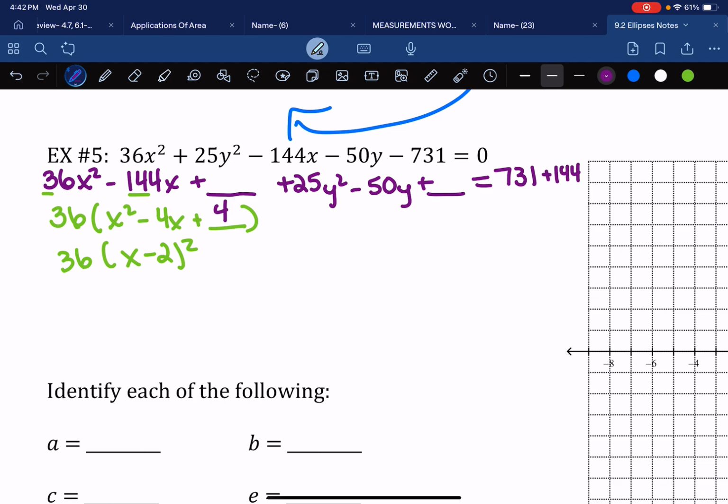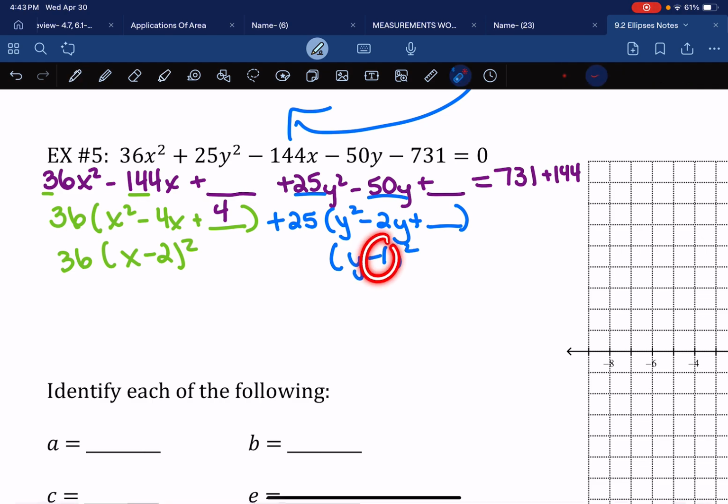All right, let's look at the next one. These both have 25 in common, so let's bring that out. Okay, so we're going to do the same thing. Negative 2 divided by 2 gives me negative 1. Negative 1 squared is 1.